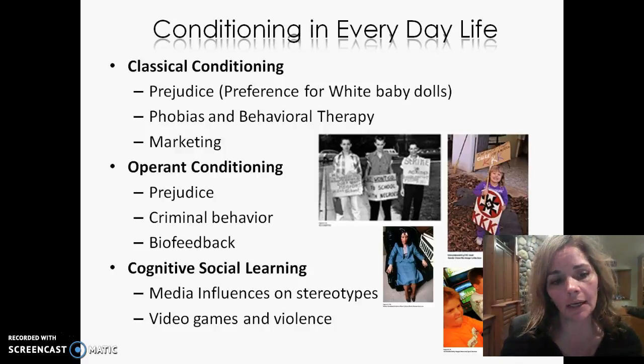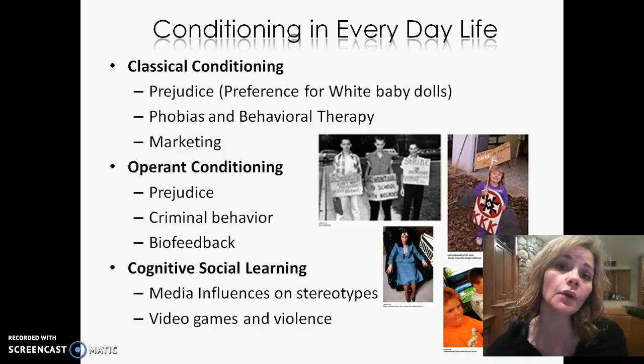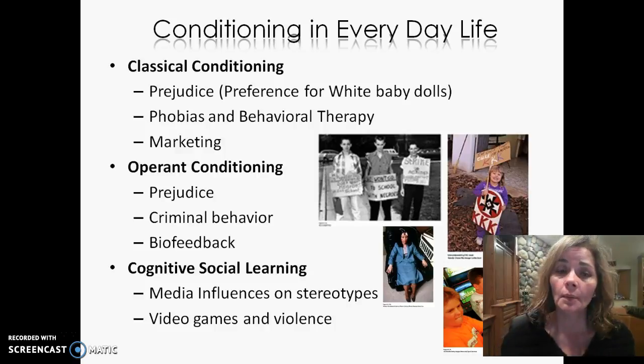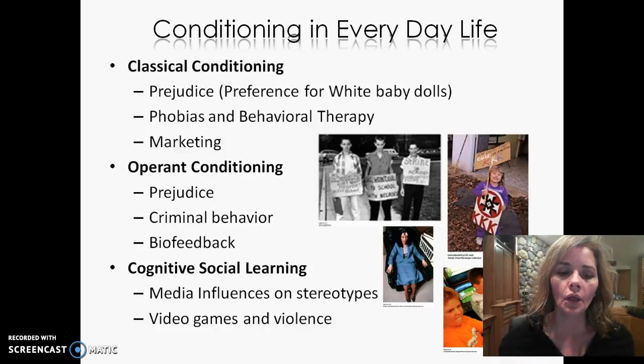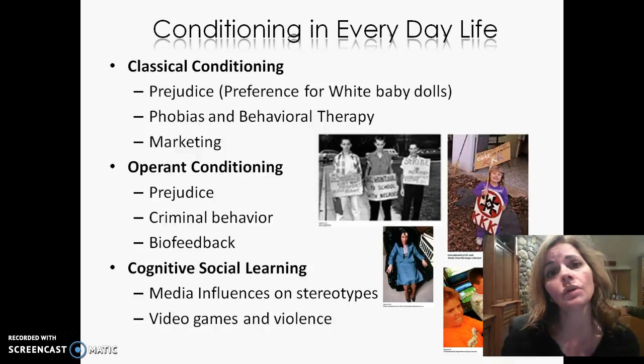and then we talked about marketing. Operant conditioning, again, now this is reinforcement. As far as prejudice, you might actually be praised by your family or by your social group for insulting someone or bullying someone or being mean. We certainly see this in rebellious groups.